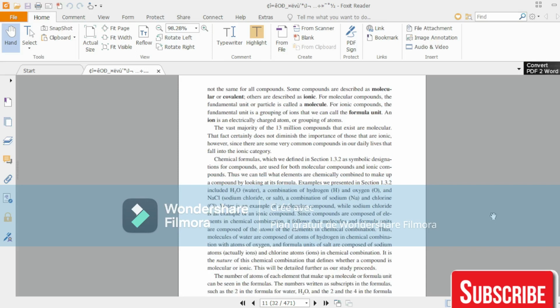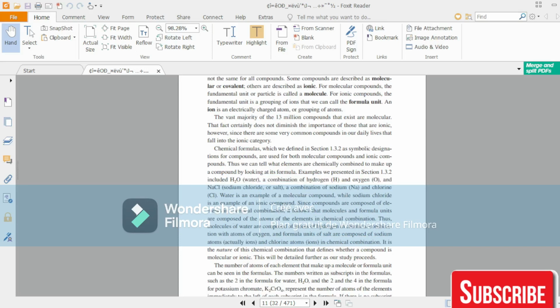Thus, we can tell what elements are chemically combined to make up a compound by looking at its formula. Examples we presented in section 1.3.2 included H2O, which is water, a combination of hydrogen, H, and oxygen, O, and NaCl, sodium chloride or salt, a combination of sodium, Na, and chlorine, Cl. Water is an example of a molecular compound, while sodium chloride is an example of an ionic compound.